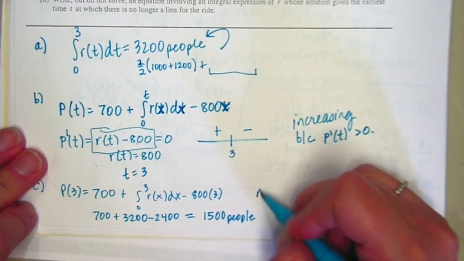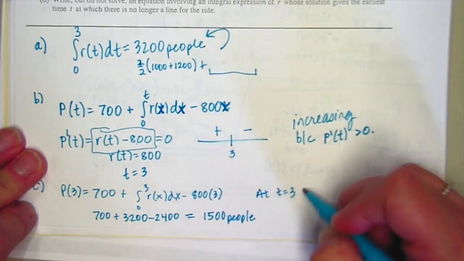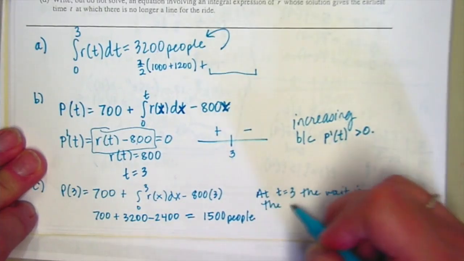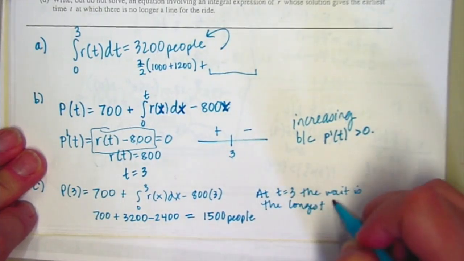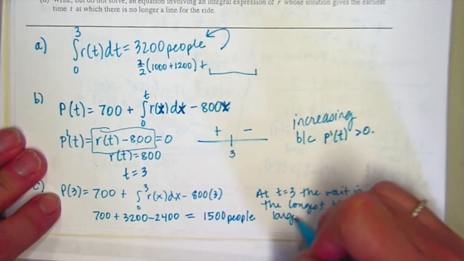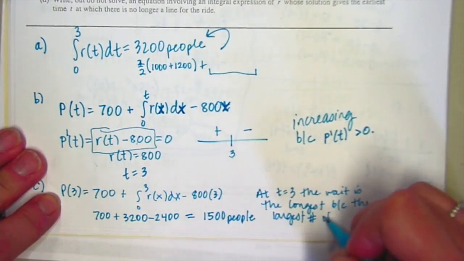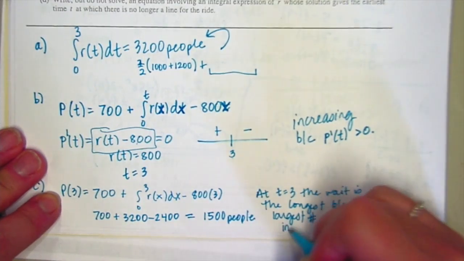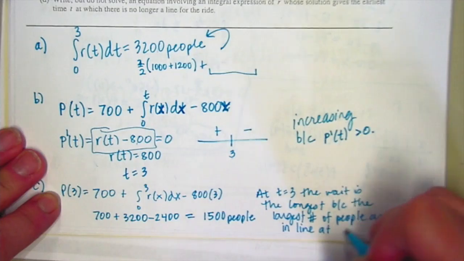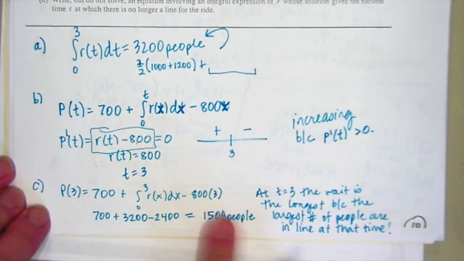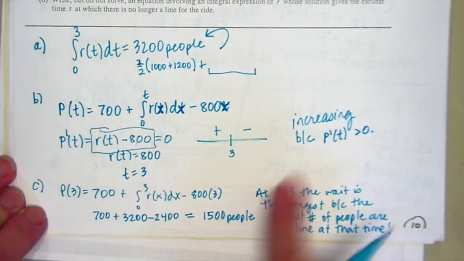At t equals 3, the wait is the longest, because the largest number of people are in line at that time. So that's what I calculated kind of aggregately between parts B and C.